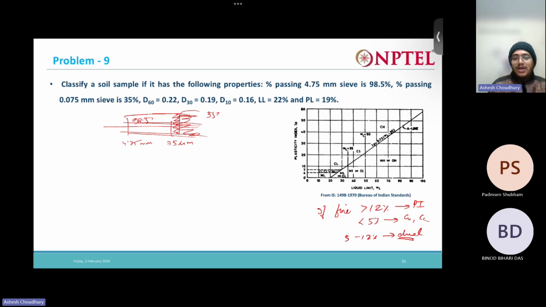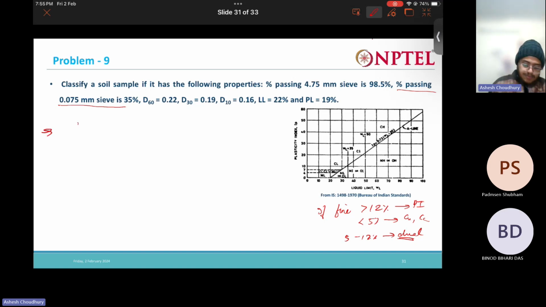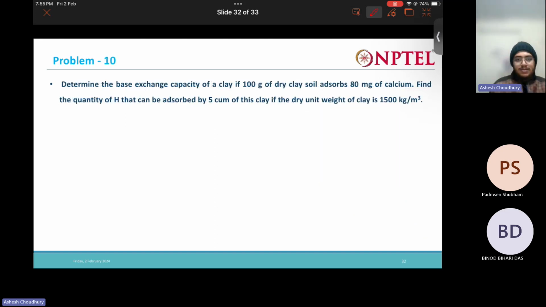If the percent passing 0.075 mm had been, say, 55%, then we would have called it a fine soil. But now it is less than 50%, so we call it a coarse soil. Now what kind of coarse soil, sand or gravel? Obviously it is sand, because almost all of the soil is passing through 4.75 mm. If more than 50% is retained on 4.75, it will be gravel. Now we need to identify the second part.